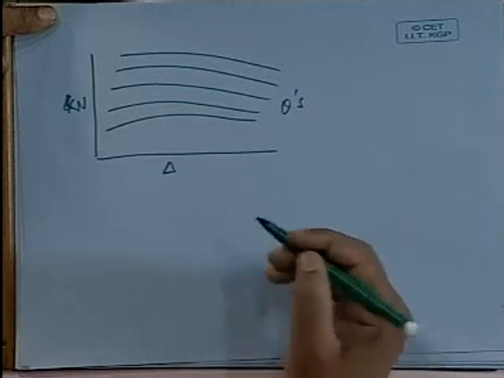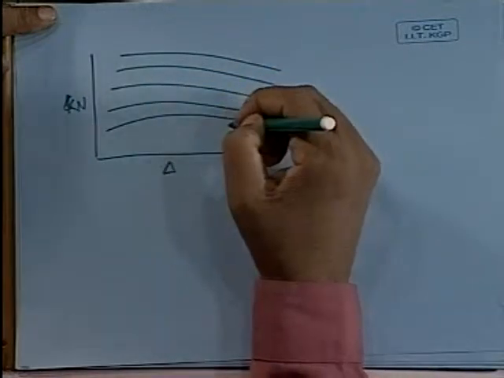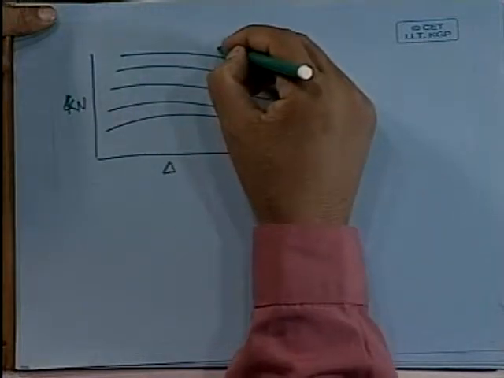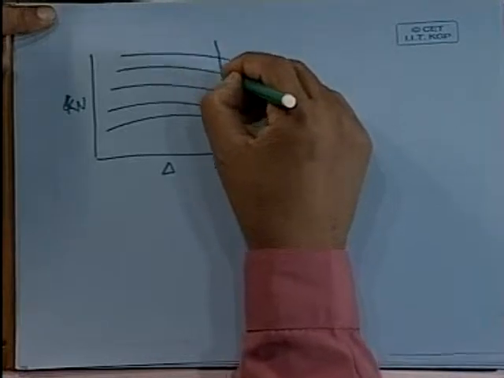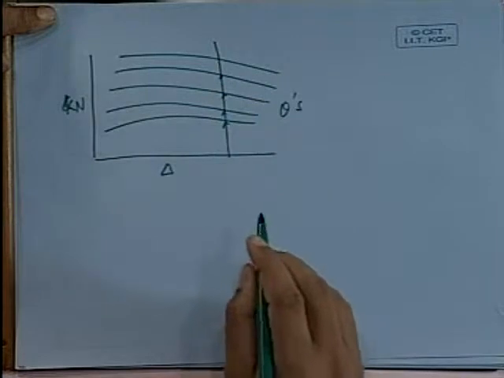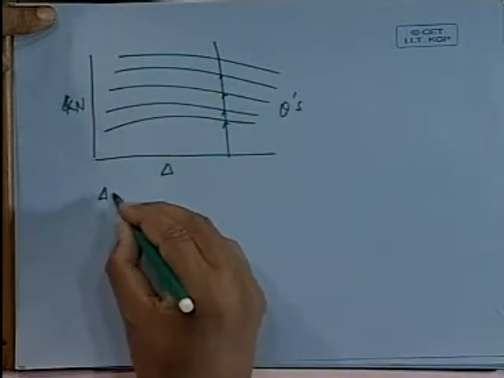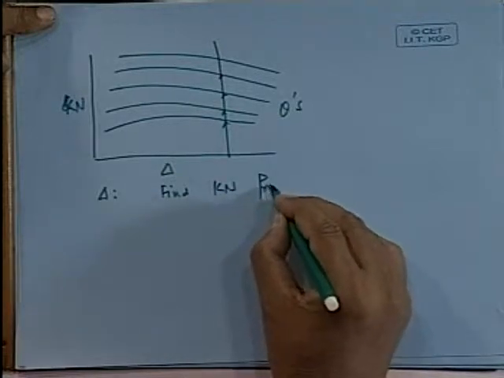Now, for any particular displacement, if you want to find the static stability curve, we simply draw the line here and find the KNs. So for a given displacement, find KN from cross curves.